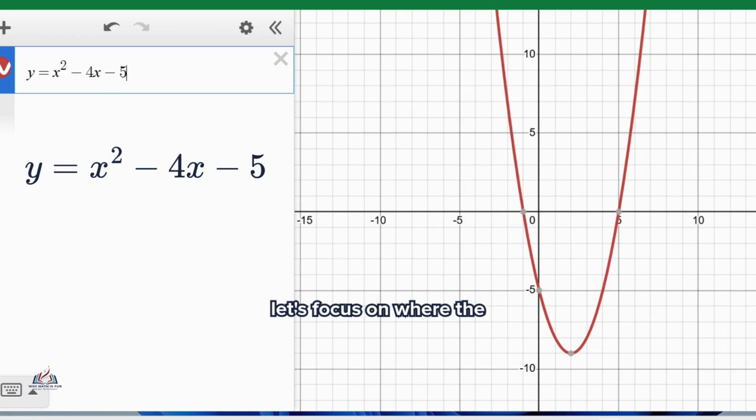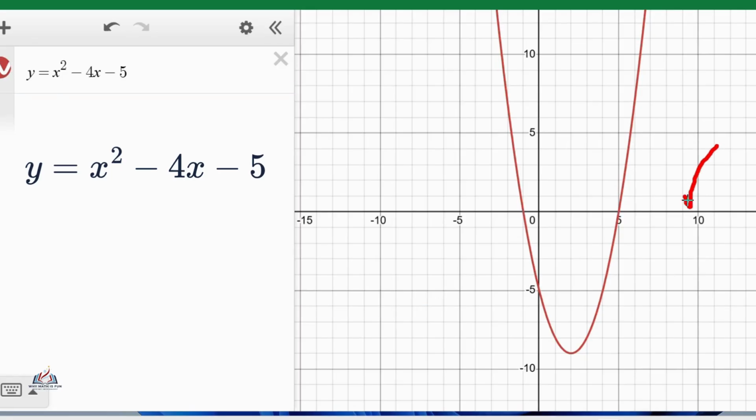Now, let's focus on where the parabola crosses the x-axis. So right here is the x-axis. This is the x-axis. Where does the graph, or the parabola, cross the x-axis?